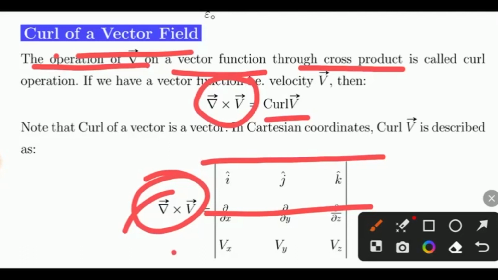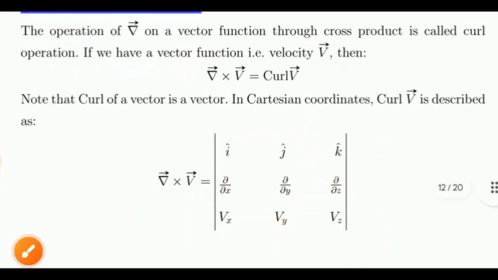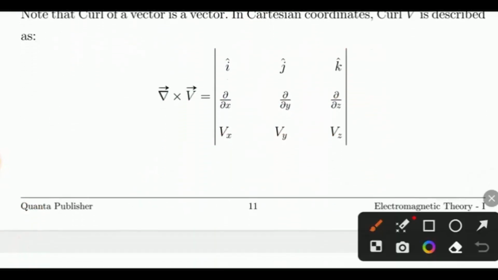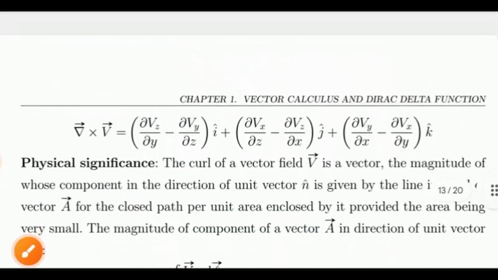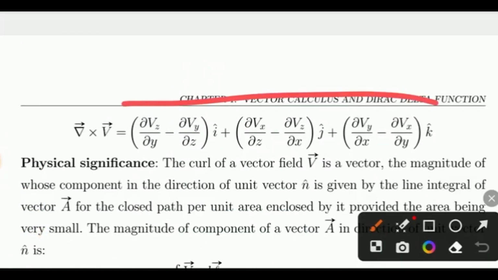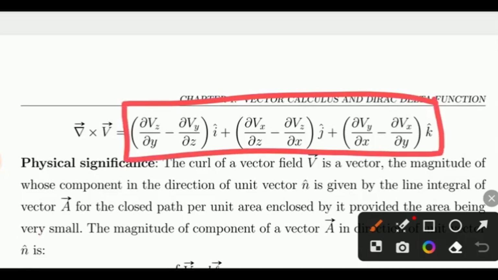And the third row represents the vector V and its components Vx, Vy and Vz. We know how to evaluate this determinant, and solving it we have the final equation like this. Here this right hand side is a vector quantity, it is not a scalar function.